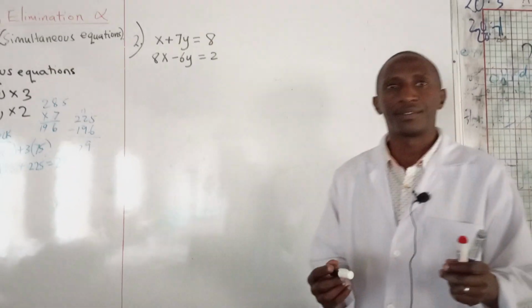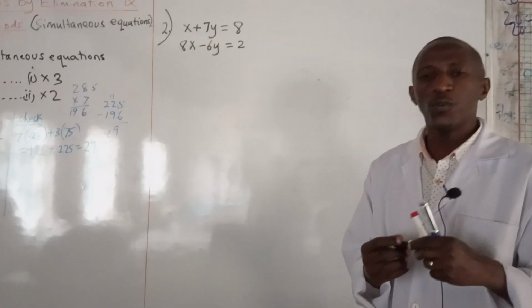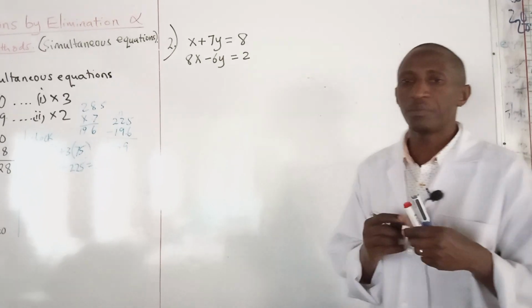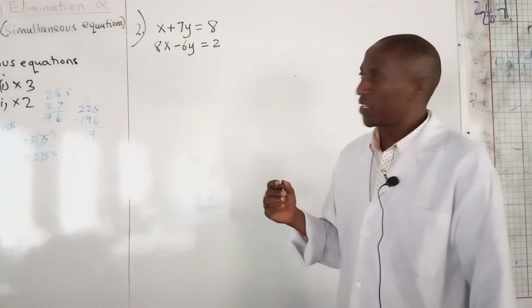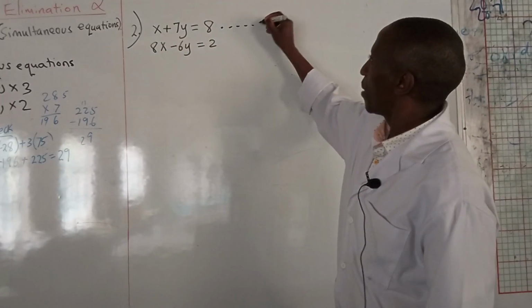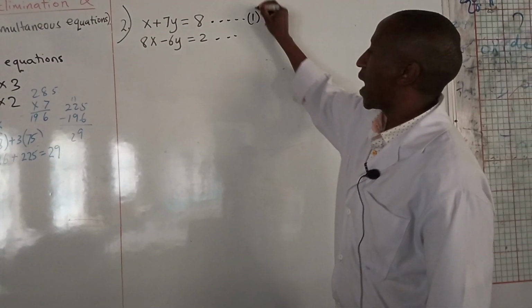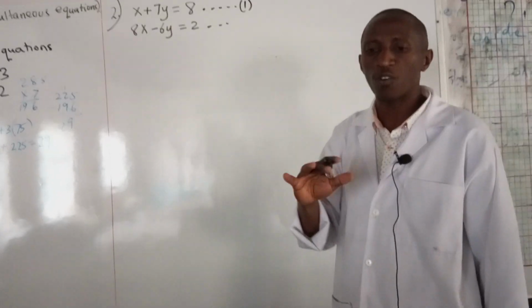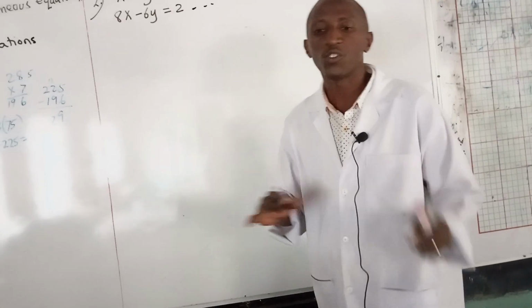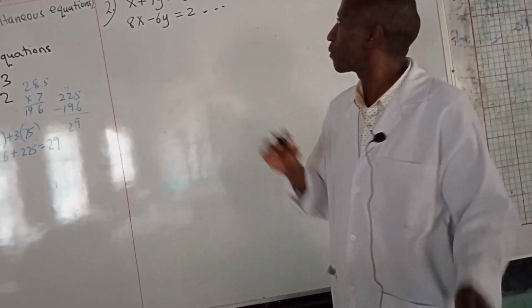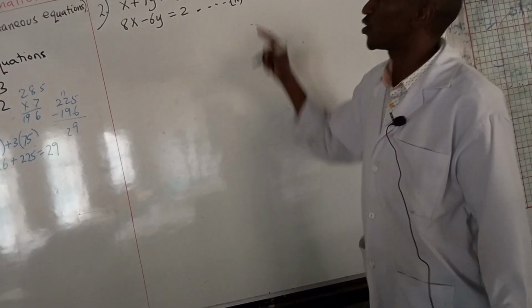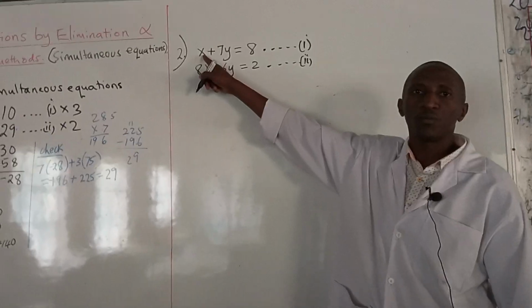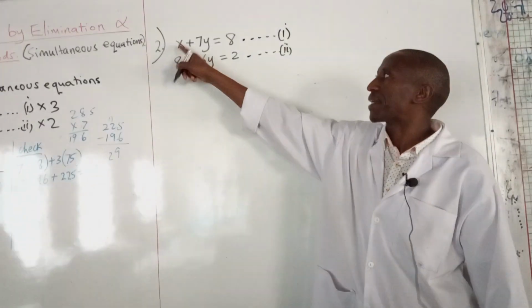Welcome back. We continue with the question, and I want to believe that you have managed to work it out. In this case, remember we had said a learner is free to choose either of the two parts to eliminate. Take, for example, after labeling each of these equations as 1 and 2, we decide to eliminate the x first.